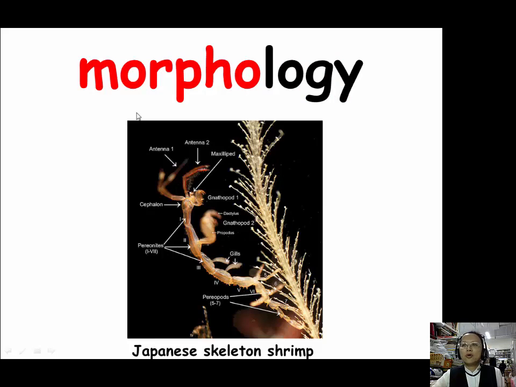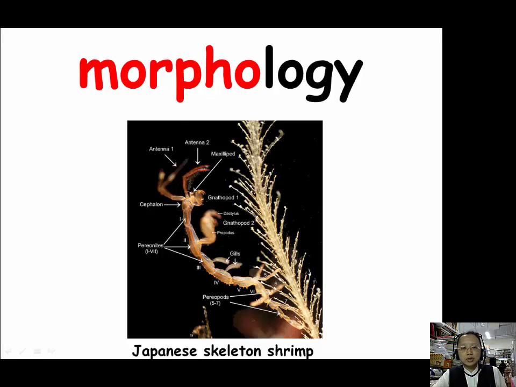Our example for morph or morpho is morphology. Morphology, L-O-G-Y. The suffix L-O-G-Y means study of something. So morphology is a scientific study of forms and structure, usually without regard to function.